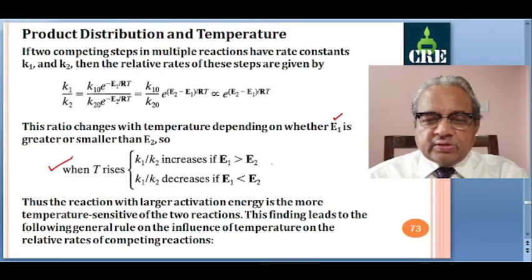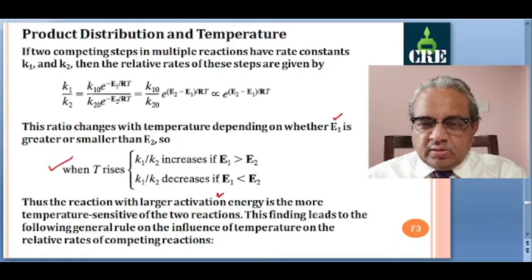And for parallel reactions, this is our guideline for the further analysis for the relationship between product distribution and temperature. So we can say the reaction with larger activation energy is more temperature sensitive. Reaction which is having larger activation energy will be more temperature sensitive between these two reactions under consideration.